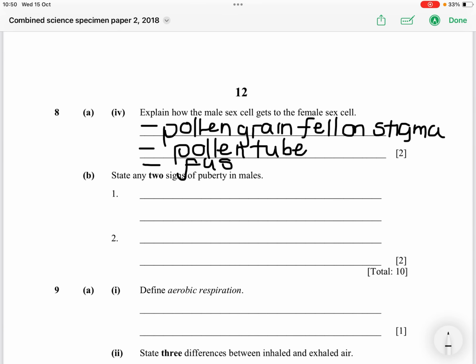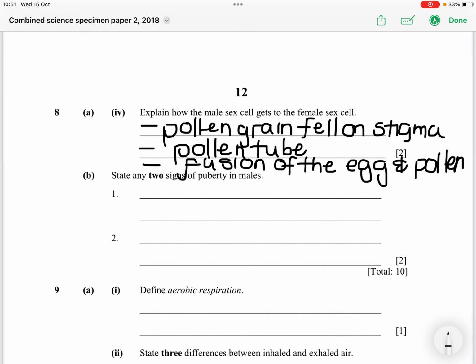Right? And then finally, the fusion of the eggs and the pollen grains.